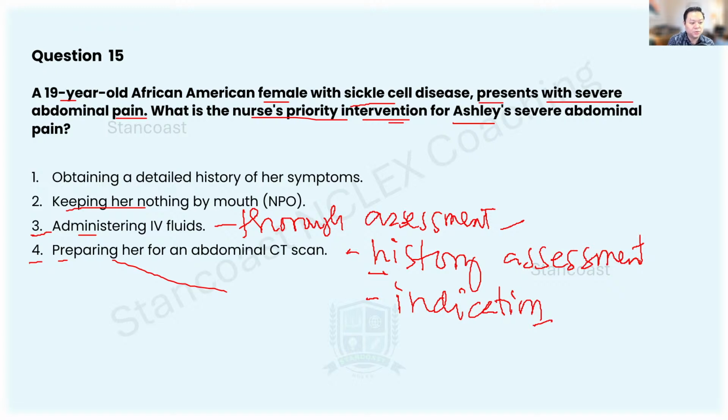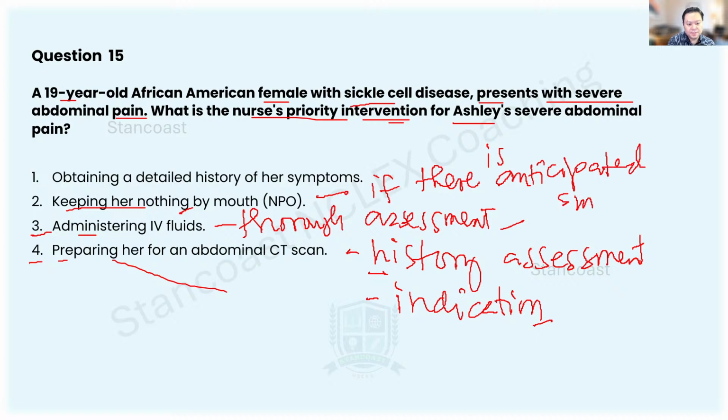What about number 2? Keeping her NPO. Well, it is also important, guys. If there is anticipated surgery, then we're going to place the patient on NPO. But again, this will not take priority this time.